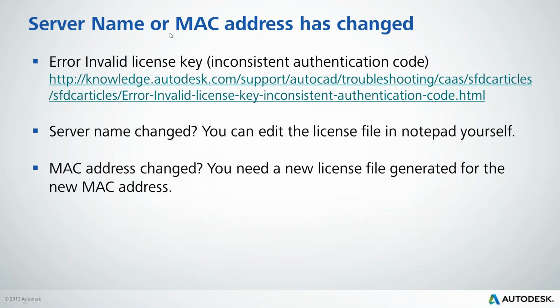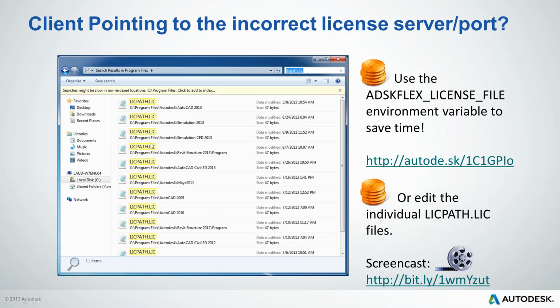Okay, if the server name or MAC address has changed, as I said earlier, if the server name has changed, you can edit that on the license file. If the MAC address has changed, you will need to get a new network license file. This is the environment variable that I have set up on my computer. By default, when you install the software, it asks you if it was network or standalone. If it was network, it asks you for the name of the license file.